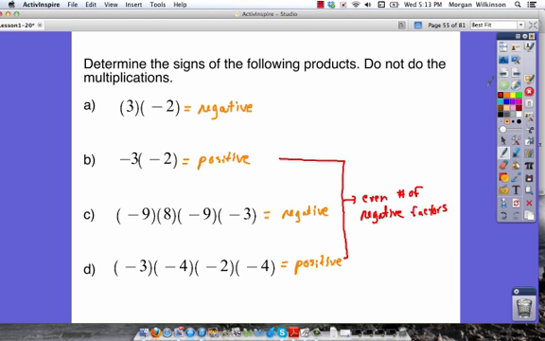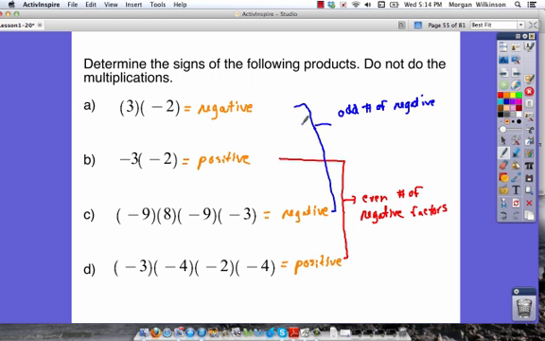And then if you look at the other one, the first and the third example, we've got a negative and we've got a negative. So this is an odd number of negative factors. And you can always just count the number of negative factors that you have to figure out the symbol.